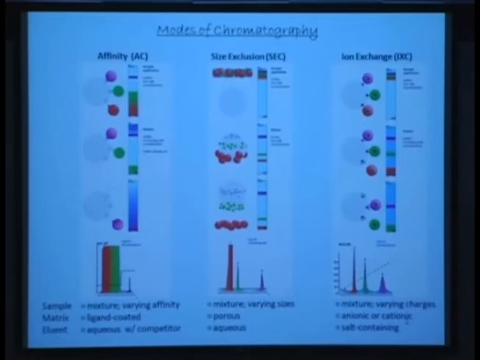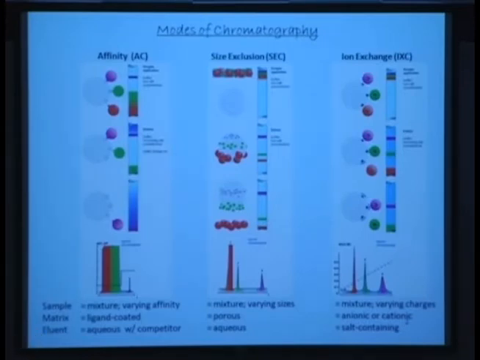So what is done is, obviously you have a mixture of molecules, let's say of different sizes as indicated by these spheres. You have a matrix. This matrix is typically porous and is able to separate molecules according to size. Certain molecules will be able to penetrate the matrix. Certain molecules will not be able to penetrate the matrix really well.